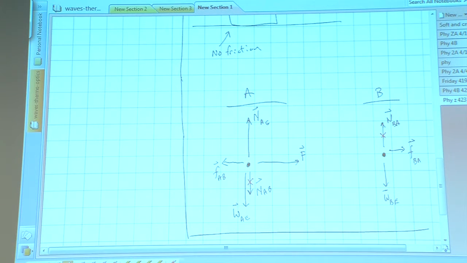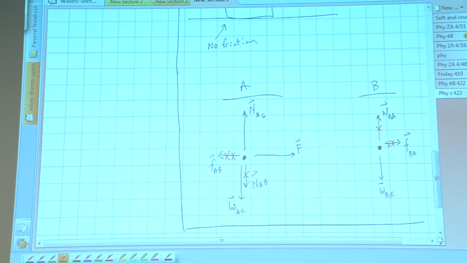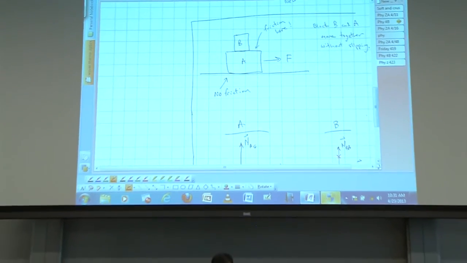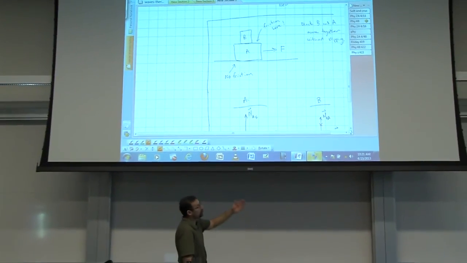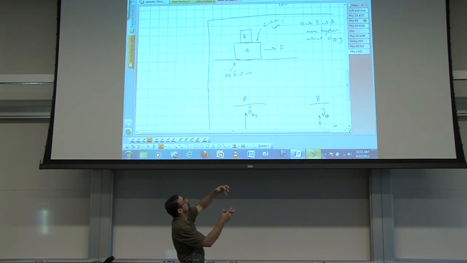And there's another one, the friction force on B due to A, and the friction force on A due to B. So if we pull with a little less force and A doesn't accelerate as quickly to the right, then the friction force on B becomes a little bit less, and the friction force on A also becomes a little bit less.